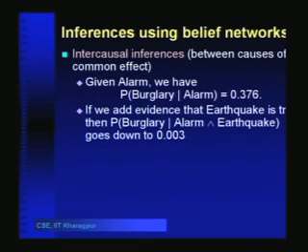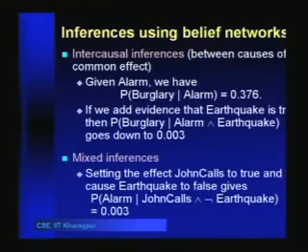Why is that so? Because earthquake itself is a very rare event, right, and the probability that you are having a burglary at the same time as the earthquake takes place is even less probable, right. So this is for reasoning between causes of a common effect.